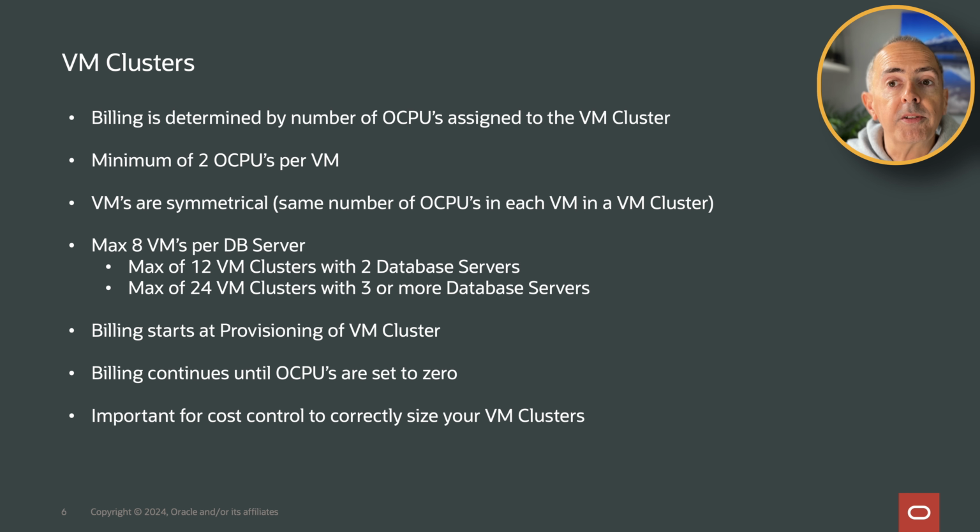When you do set them to 0, all the VMs in the VM cluster will be shut down gracefully, and billing stops. You might choose to do this when setting up a VM cluster to be used in the future. So configure it how you want it to be, but then set OCPUs to 0. The VM cluster will be created and set up, but then shut down, and no billing will occur until you change the OCPUs to the required size.